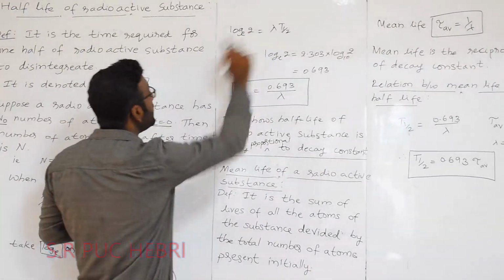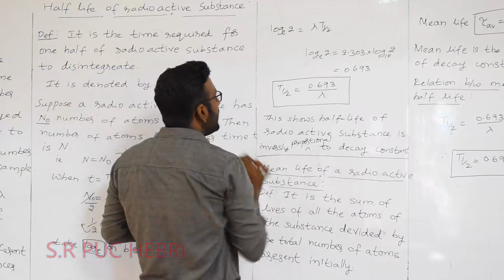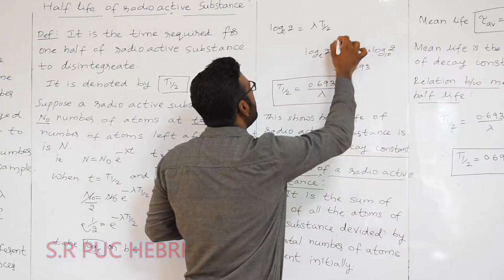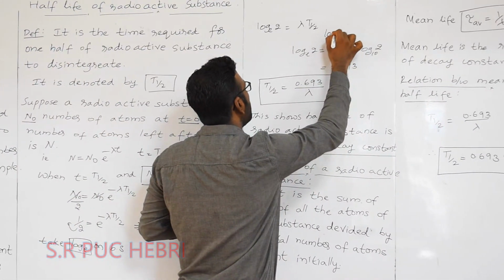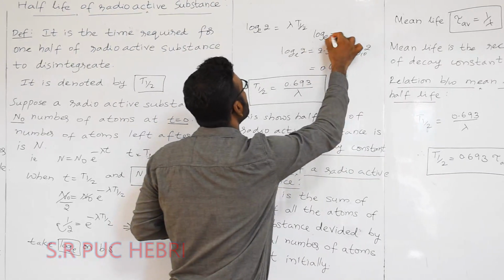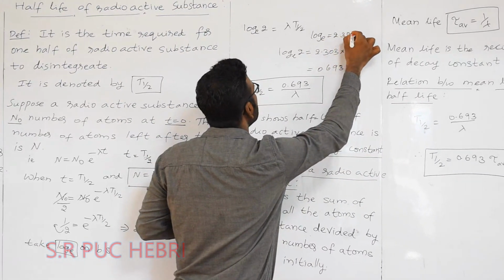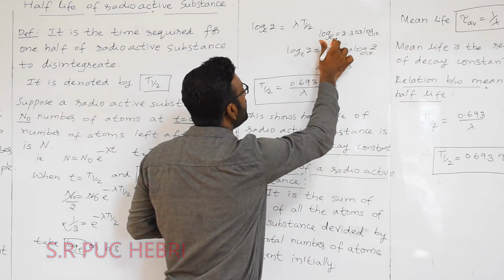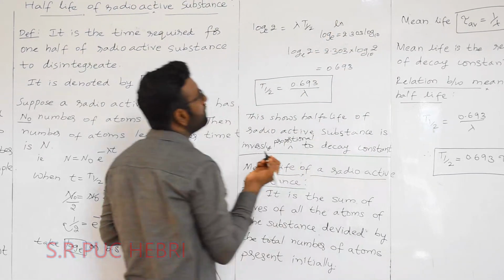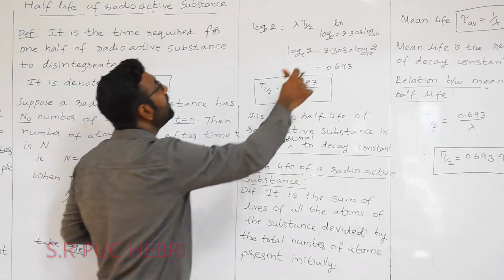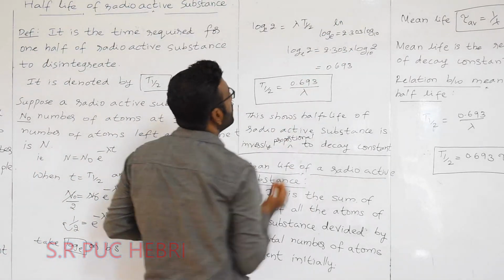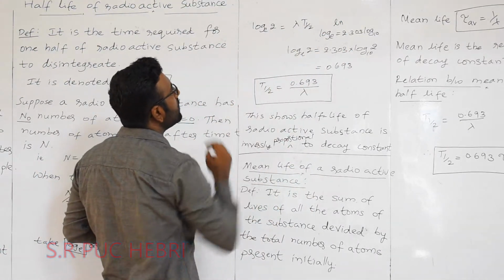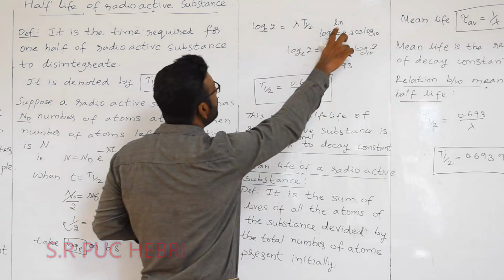Then log to the base e of 2, let me give an idea, like what is log to the base e. Log to the base e is nothing but 2.303 log to the base 10. So log to the base e is also written as ln. In physics you are going to see this notation for log to the base e, that is ln.